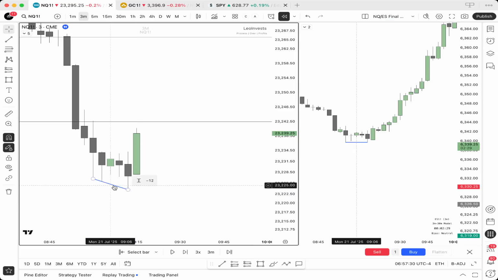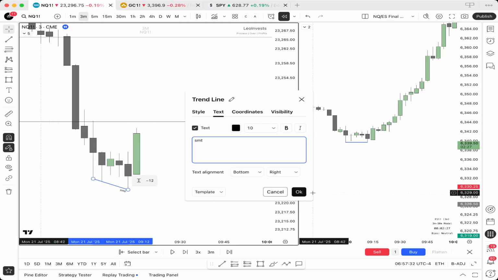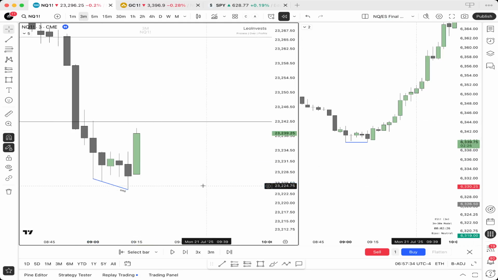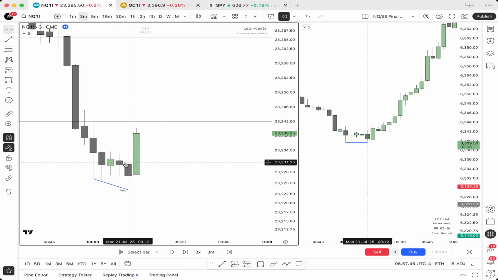So this was my first layer of confluence that really gave me some type of confidence when looking for long positions. And as the fractal states, when we are utilizing a change in state of delivery, what exactly is a change in state of delivery? Well, it is a sweep of a previous low or a previous high, and the undisrupted move that causes a sweep that becomes the change in state of delivery.